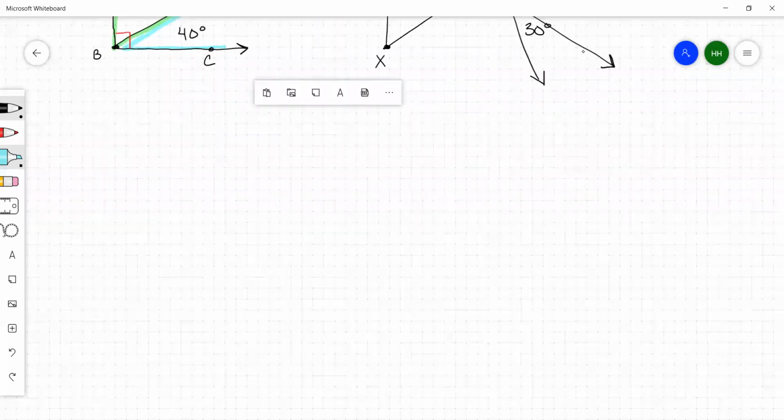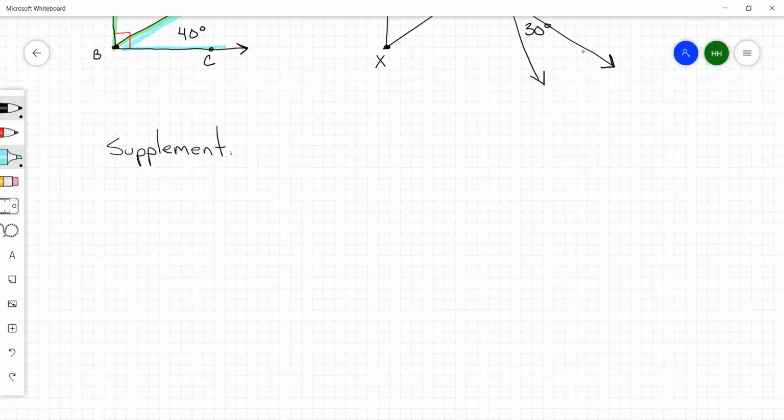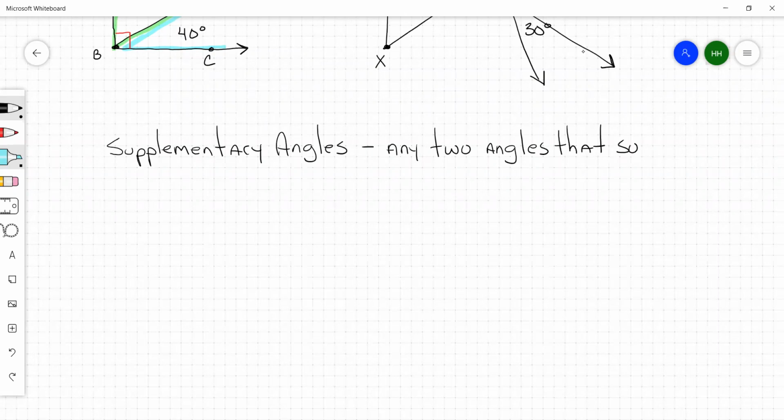Supplementary angles. Any two angles that sum 180 degrees.